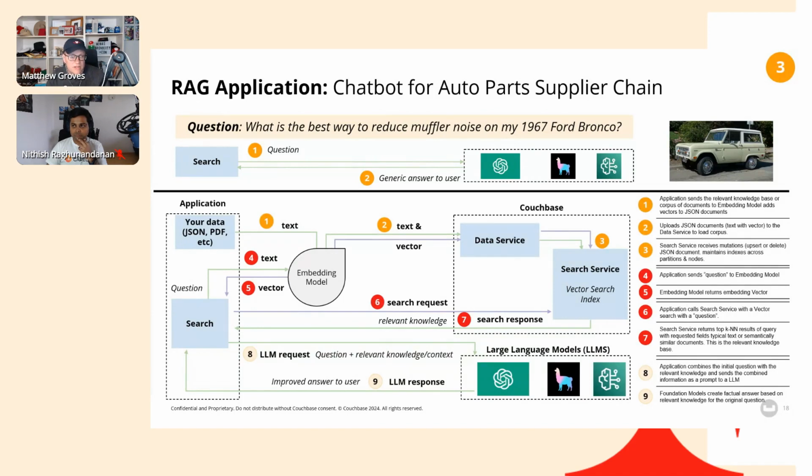It could be whatever model you want to send it to, because we're just sending text at this point over the wire, and then we get back a response with an improved answer. So this is more up to date, and it's using my proprietary information, but it's using what the LLM is really good at, which is parsing and generating English. And so that is how the whole RAG process works.